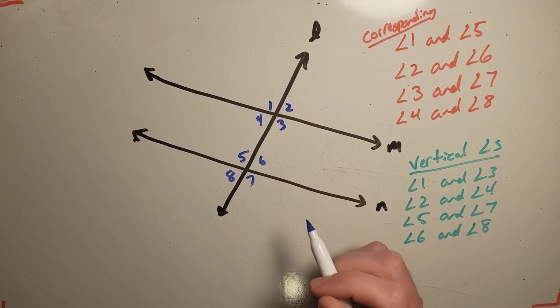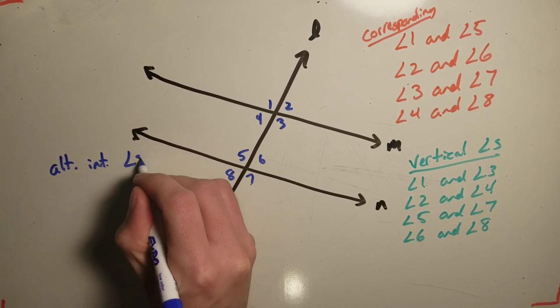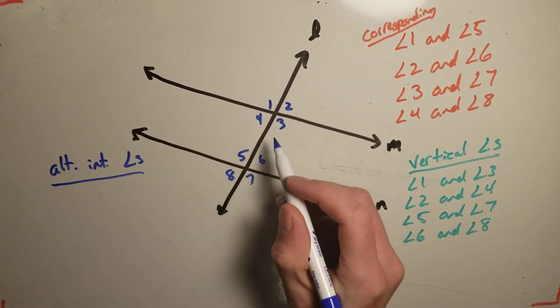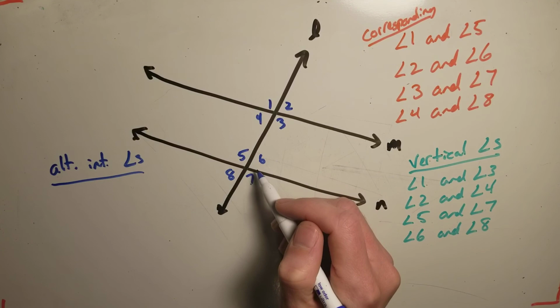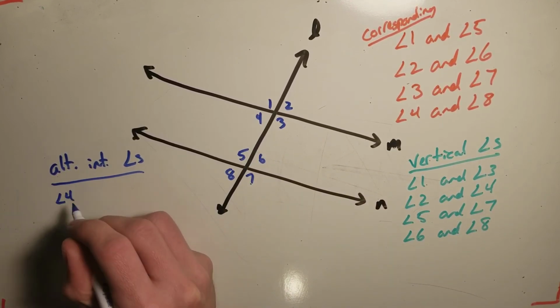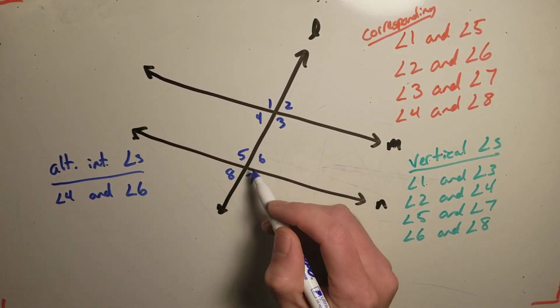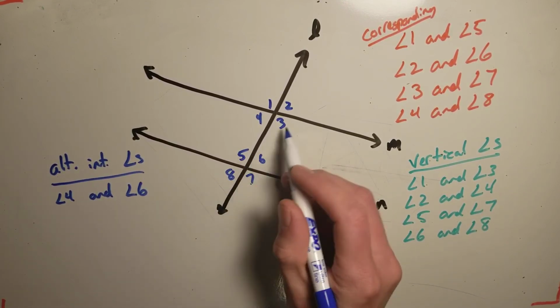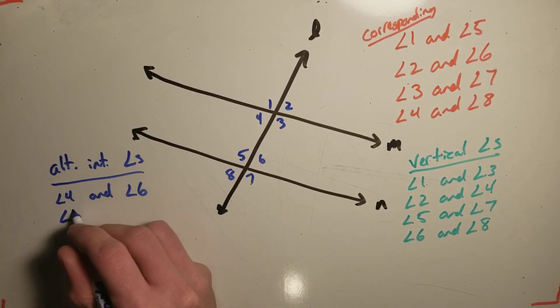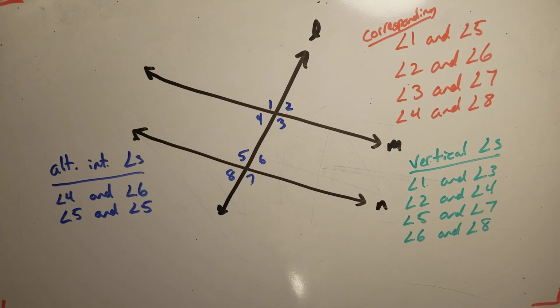And our alternate interior angles, well, they need to be interior and on opposite sides of the transversal, so that would be like 6 and 4. So angle 4 and angle 6. And then also 5 and 3 are alternate interior angles. Angle 5 and angle 3.